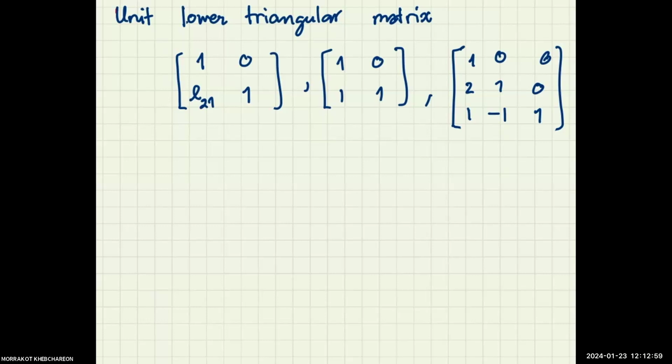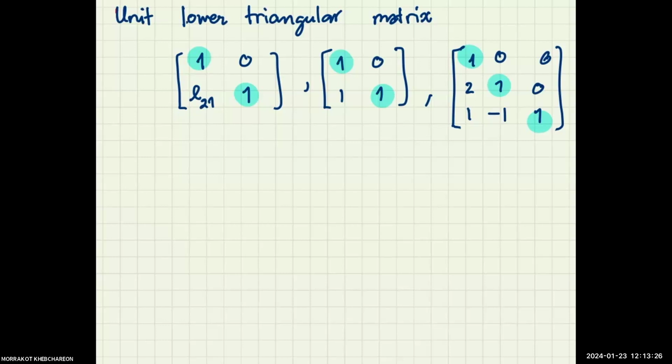So these are 1, 1, 1, 1, 1, 1, 1. Okay, so these are unit lower triangular matrices. I introduced it to you because we like the upper triangular matrix and the lower triangular matrix.